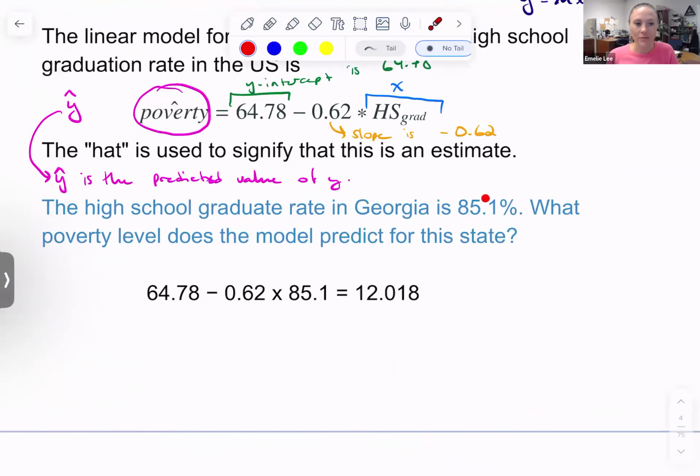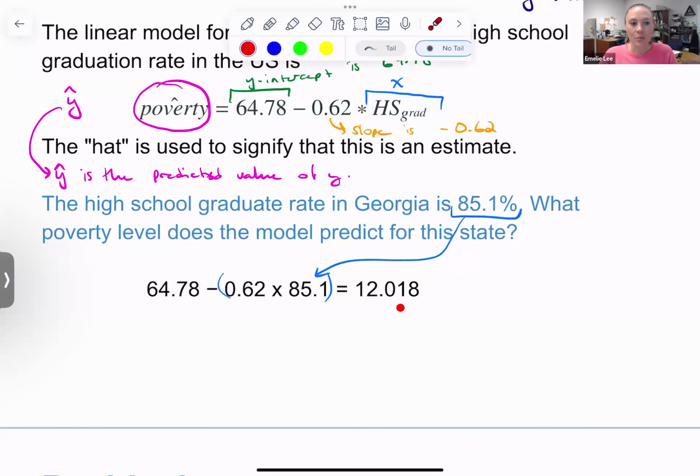So here, 85.1 stays 85.1, and we take 64.78, that's your y-intercept, minus the slope times 85.1, which becomes 12.018. Now it's really important that you apply BEDMAS, so you have to multiply before you can subtract from the y-intercept.